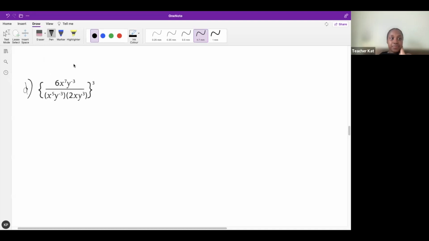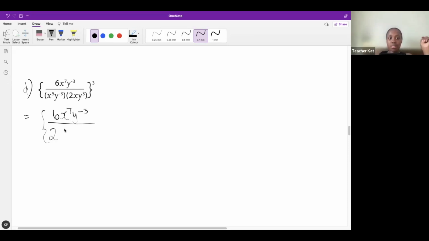Number D. Okay, let's simplify inside the bracket. Are we going to start with multiplication in the denominator? Hopefully that's a yes. So in my big curly brackets, in the numerator, I'm going to leave it as 6x to the power of 7, y to the power of -3. And now I go to my denominator. 2 times 1 is just 2.